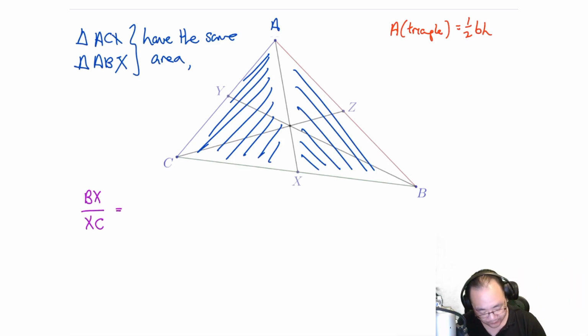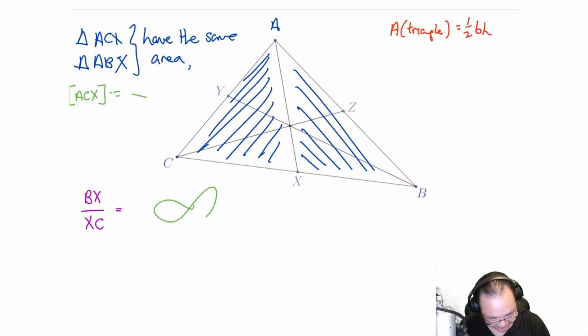One thing I'm going to clarify is that when I write ACX in square brackets, that is defined as the area of triangle ACX.